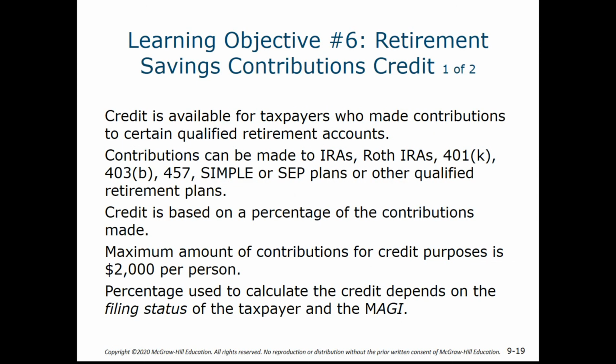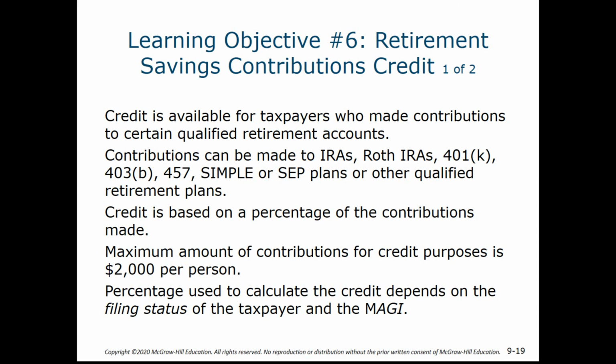Another credit that's available is to encourage lower income folks to save for their retirement. And this is called the Retirement Savings Contribution Credit. So if a taxpayer makes contributions to a qualified retirement account, such as an IRA, traditional IRA, Roth, 401k, 403b, 457, SIMPLE and SEP plans, or other qualified plans, and when we say qualified, of course, we mean plans that are recognized for tax purposes by Congress.